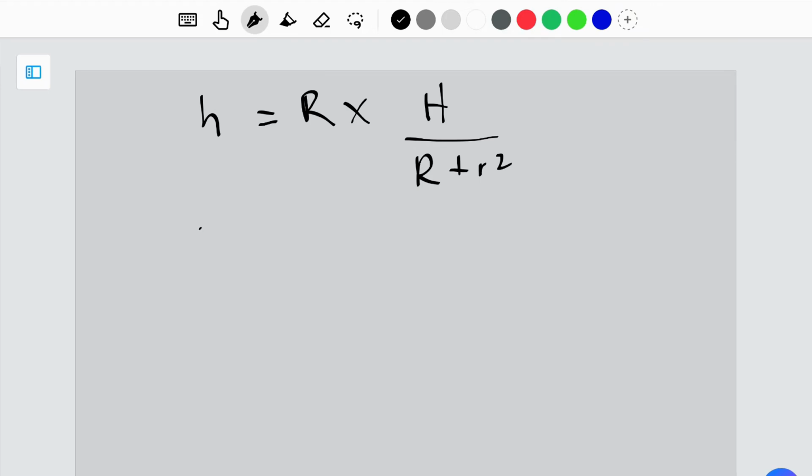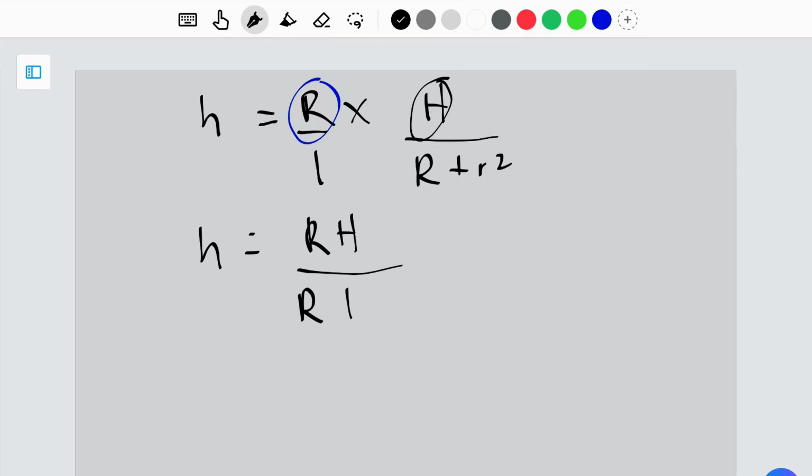If I multiply this, remember we can say R over 1, so it's R times H. That gives me RH all over R plus R squared. Remember, we still want the capital R to be the subject.